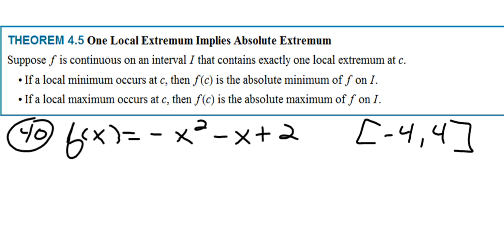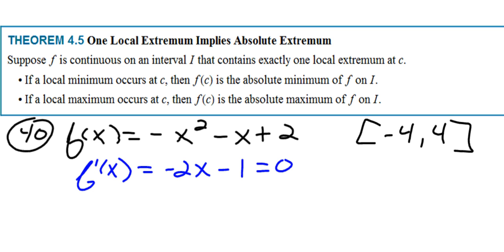So when I want to go ahead and walk through number 40, the first thing I'm going to do is go ahead and take the derivative. And I'm going to set that equal to 0, and I'm going to solve. That's where I would have a critical point when it has a horizontal tangent. I solve for x, and I have a -1/2.